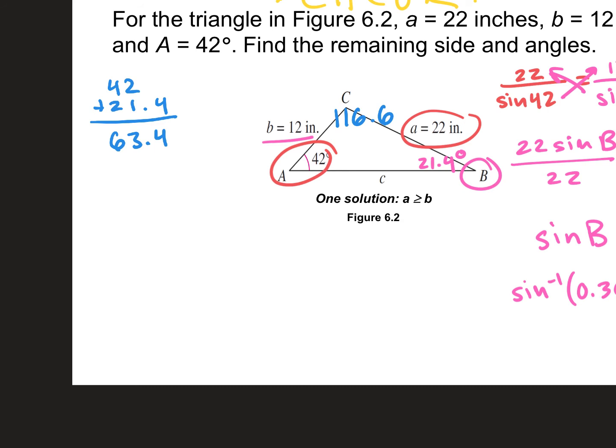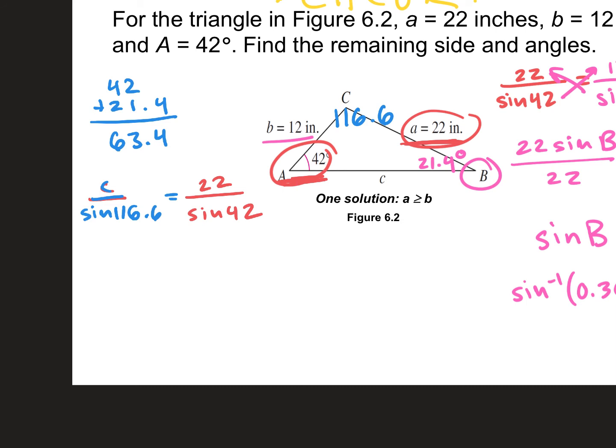Now, what proportions should I set up to find side C? C over sine, so I can have C over sine of 116.6, but what's it going to be equal to? 22 over sine 42. Perfect. I'm going to use the set of A's because A's were both given to me to start. So 22 over sine of 42.